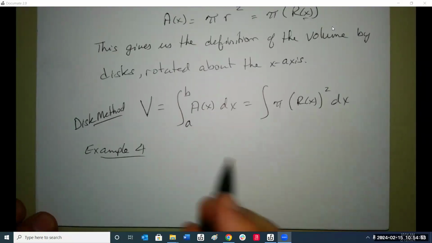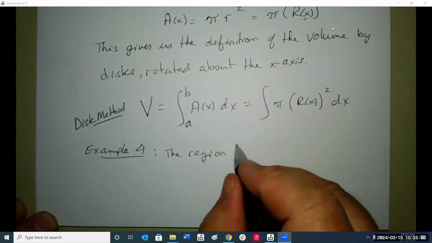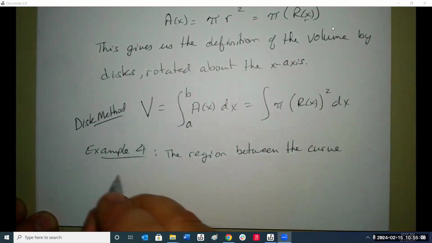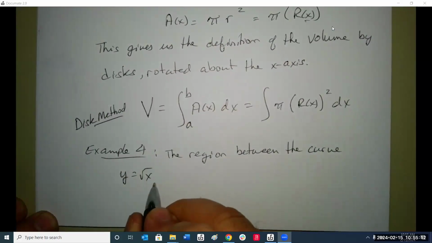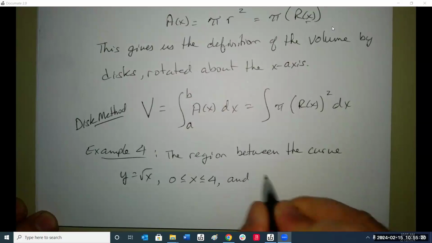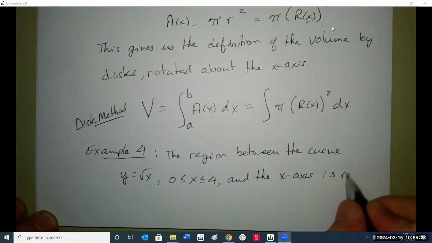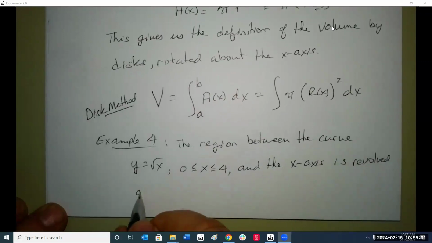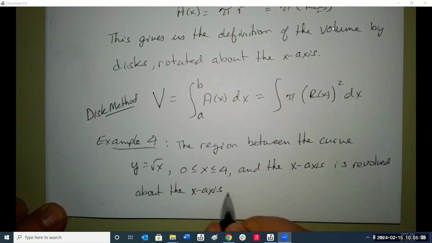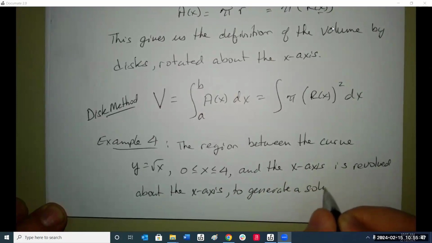It's example 4. The region between the curve y equals square root of x, with x being between 0 and 4, and the x-axis is revolved about the x-axis to generate a solid of revolution.